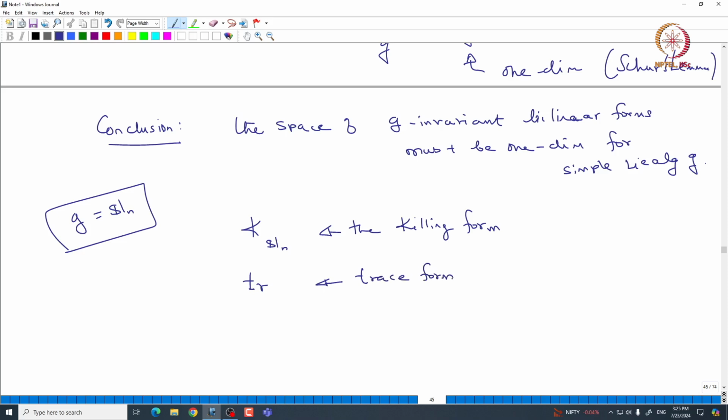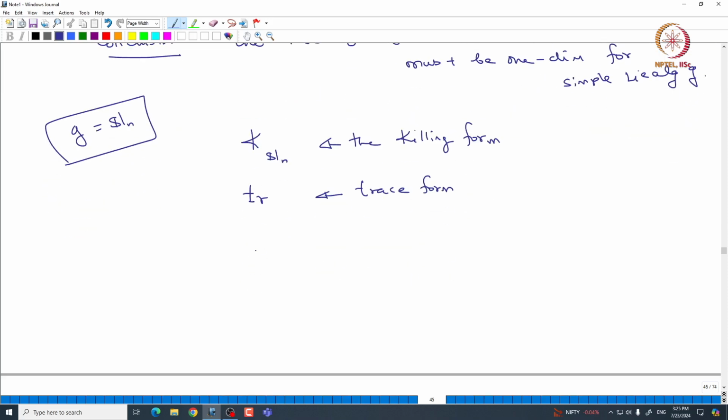So, how is the trace form defined? You can define this trace form on SLN cross SLN to C using what is called the natural representation. Note that the natural representation Cn is also an irreducible SLN module.